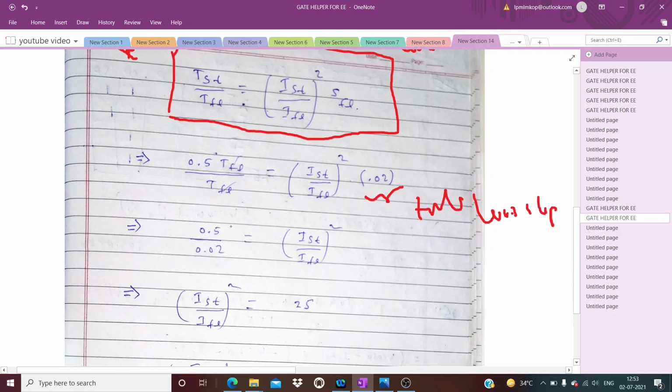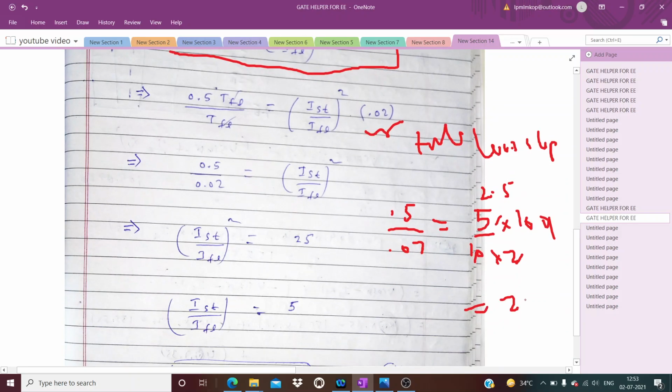So this gets cancelled. 0.5 I have transferred to here, and then (I starting upon I full load) whole square. Now if you see, 0.5 upon 0.02 equals 5 by 10 into 100 by 2, so you cut this and finally you will get 25.